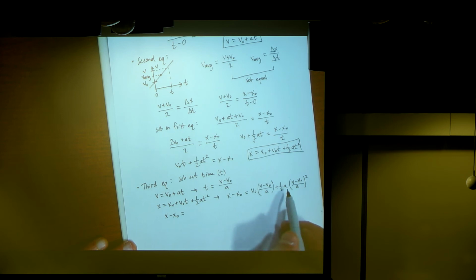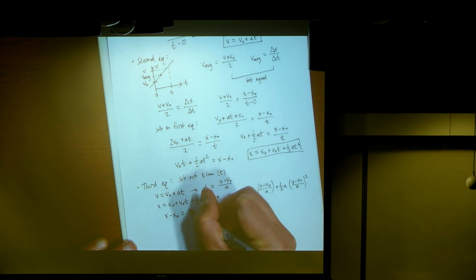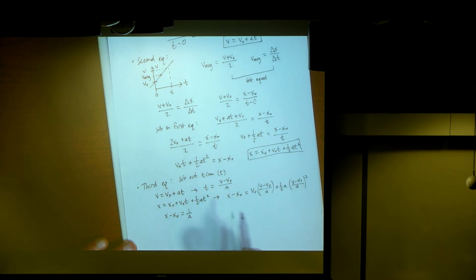So actually, this also has a 1 divided by a in it. What I'm going to do is just pull that out. 1 divided by a is common to everything here, so I'm just pulling it out as a common factor, okay? So that's already been addressed. Now we'll just deal with everything else, okay?